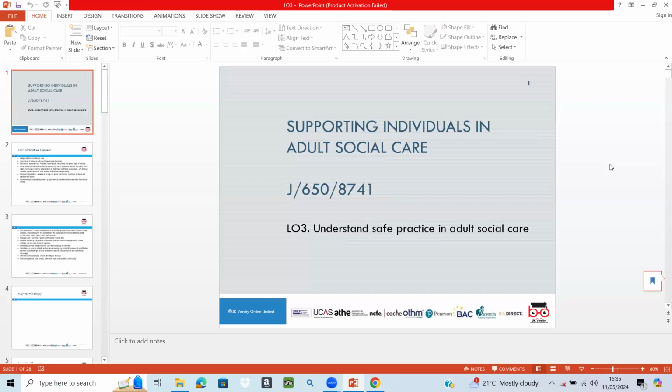By understanding and implementing safe practice principles, caregivers can enhance the quality of care, safeguard individuals' well-being, and uphold ethical standards in supporting vulnerable adults. As staff, continuous training, regular assessment, and a commitment to person-centered and respectful care are essential. So these are the important bits involved in safe practices in adult social care. We'll move to the next slide.